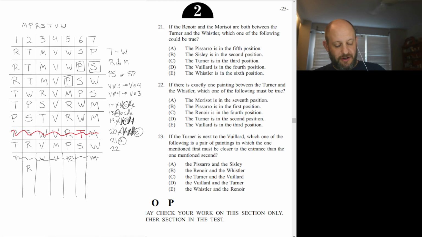Oops, sorry, that's an R, not a T. Let me try them second and fourth. That forces V here. That still forces R and M there. And P and S still have no place to go. Now I'm starting to learn something. If I put them third and fifth, that forces V here, and R and M have no place to go.